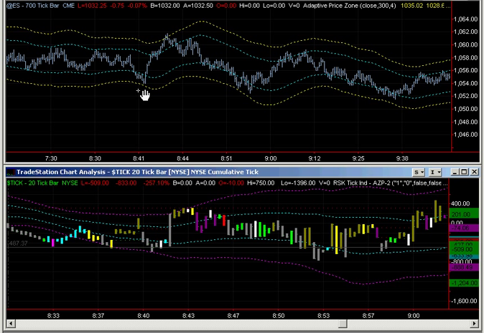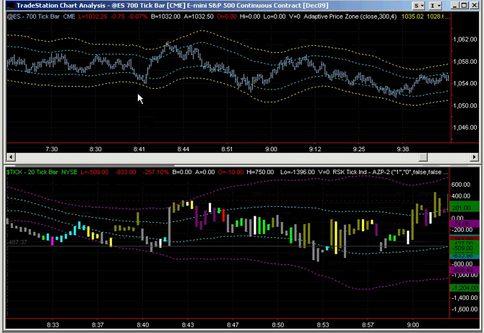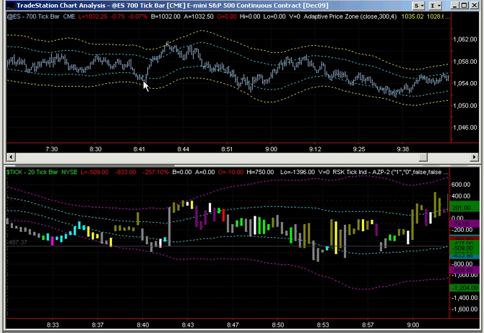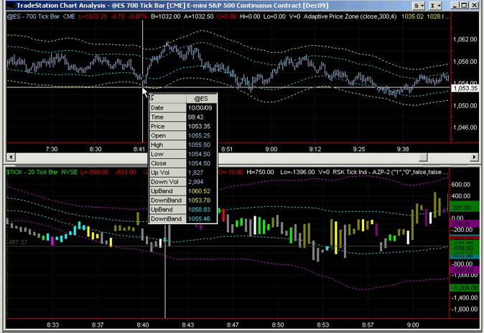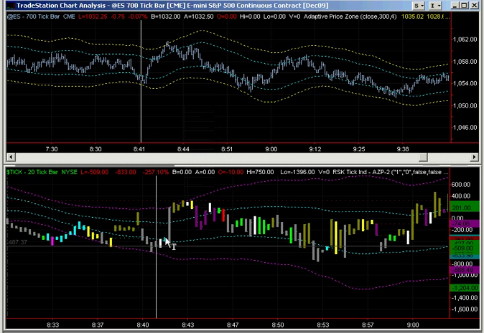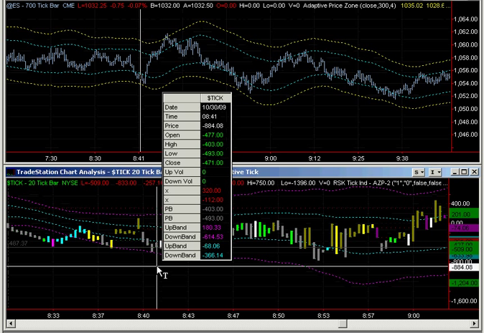So, as we're moving down into a lower low on the ES in here, we're tracking what's happening to the tick. And as we get into these lows right in here, notice that the tick itself is becoming divergent.